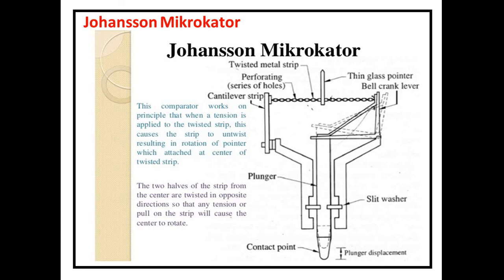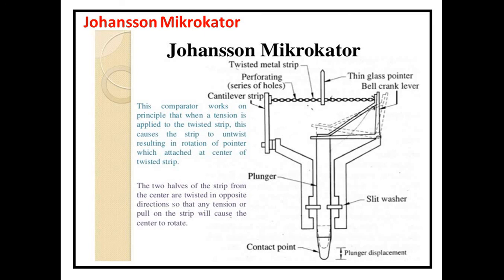If you want to adjust the magnification, you just have to vary this overhanging length of the cantilever strip. One end is attached to the cantilever strip, whereas the other end of the strip is attached to the bell crank lever. You can see this is the bell crank lever.